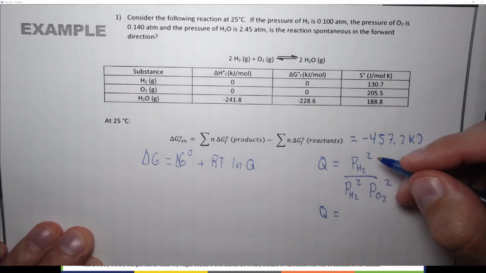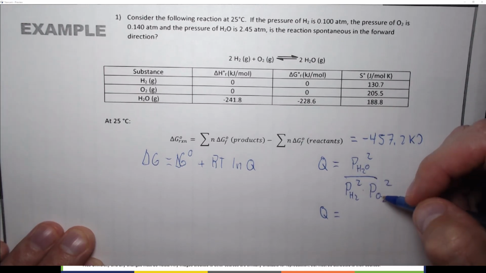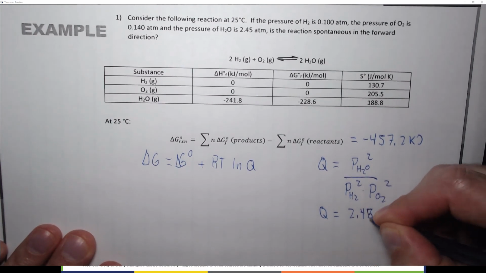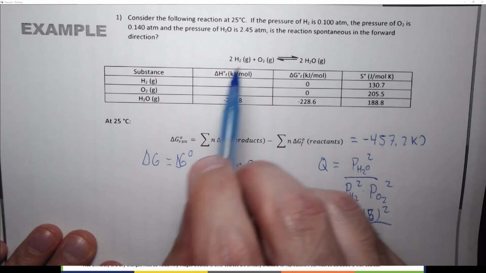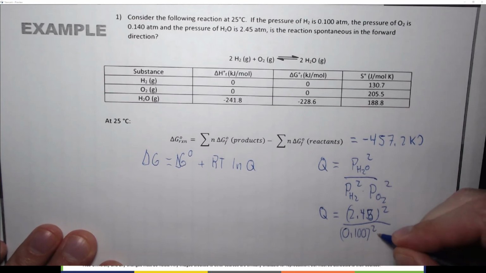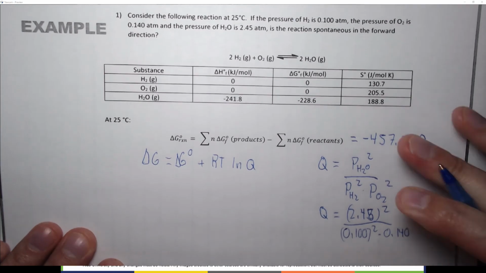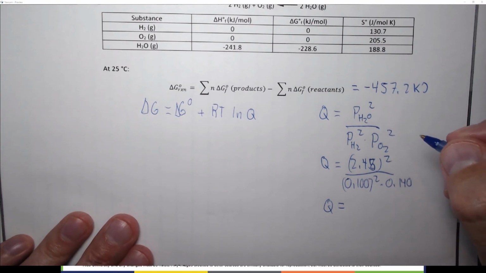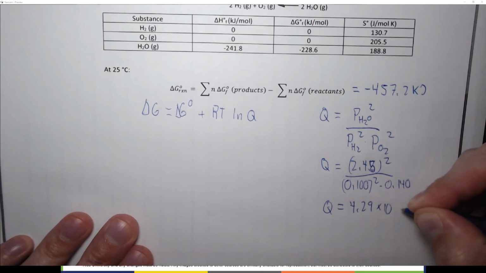So Q is equal to the pressure of water squared on the top, and the pressure of water is 2.45 squared, divided by the pressure of hydrogen, which is given here as 0.100 squared, times the pressure of oxygen, which is 0.140. And when I do all that math, I find that Q is equal to 4.29 times 10 to the third.